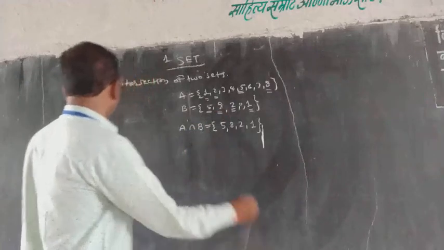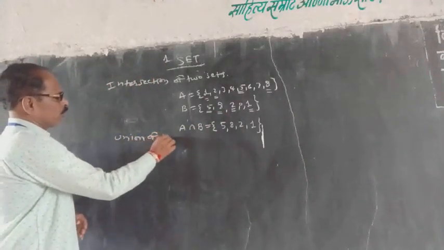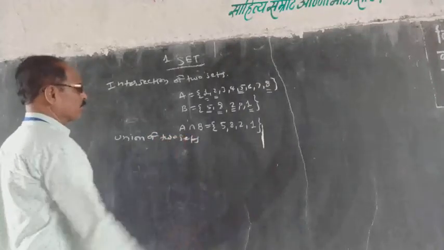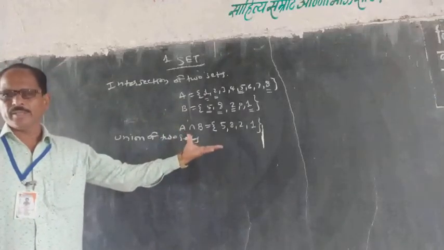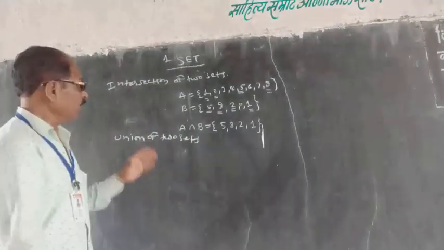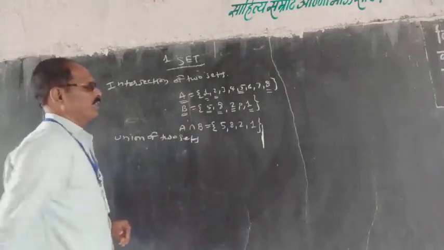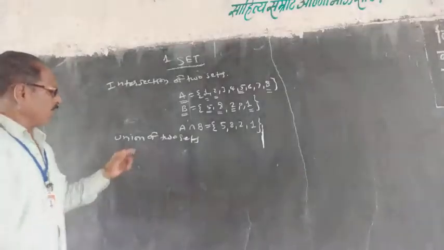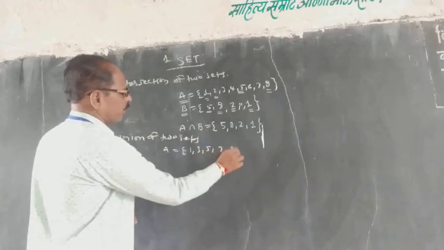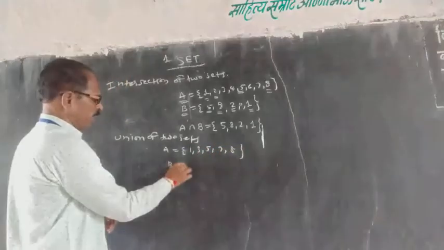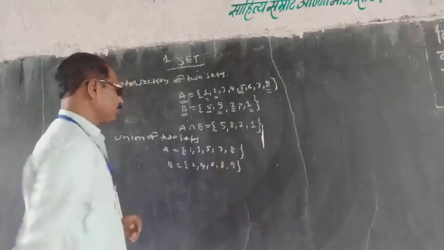Similarly, we can study the union of two sets. Just as intersection is the common elements, in union there are set A and set B given. In set A there are 1, 3, 5, 7, 8, and in set B 2, 4, 6, 8, 9.